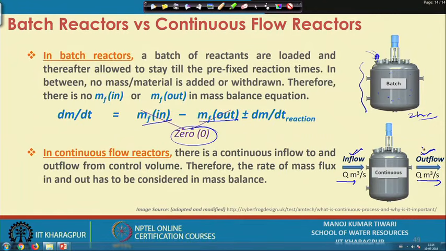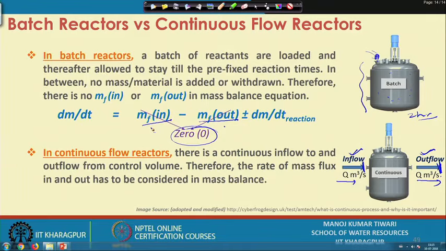Then the kind of process that takes place within the reactor changes. There is going to be dilution, and other factors coming in. We can estimate the rate of mass flux coming into the system and the rate of mass flux going out of the system, and these two terms then exist in our basic equation.